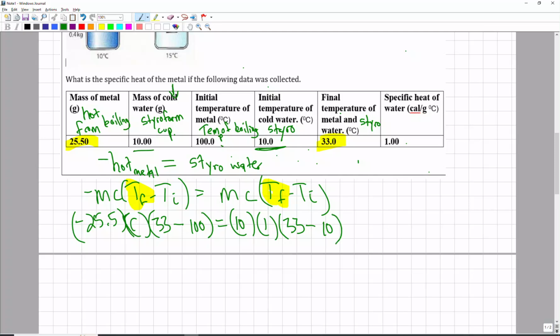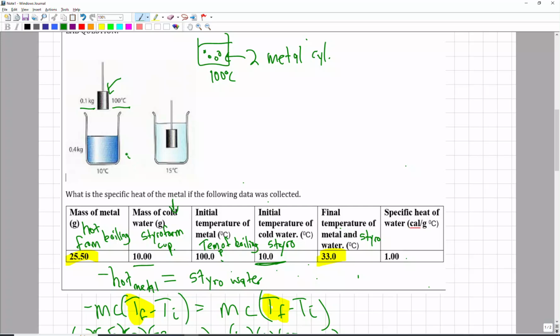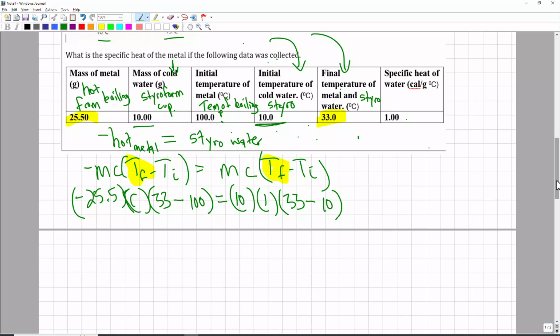That's where I messed up before. So remember, I'm putting it in here. So this would be my styrofoam cup. It's originally at 10, and my styrofoam cup goes up a little bit. So here my styrofoam cup was 10 degrees Celsius, and it ends up being 33. And then let's calculator it.